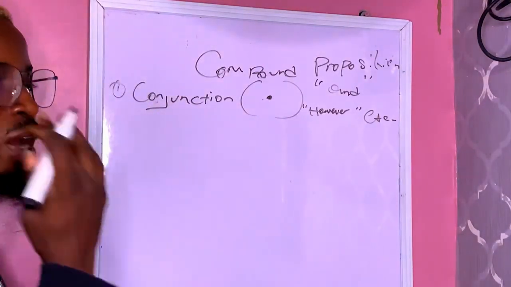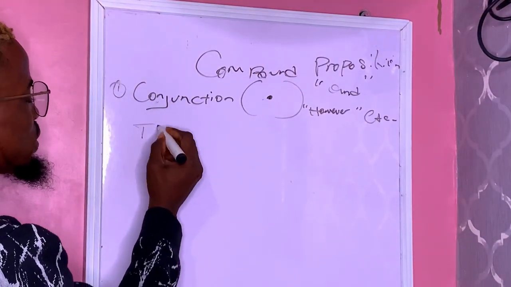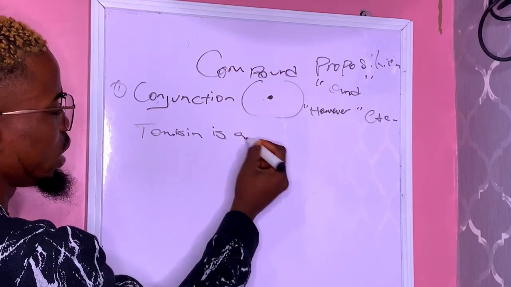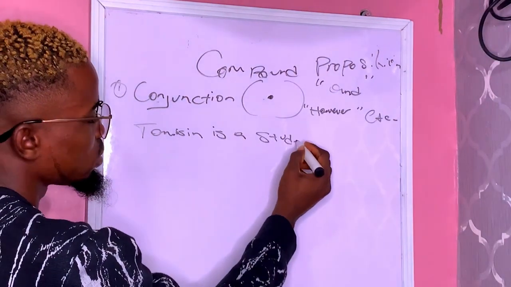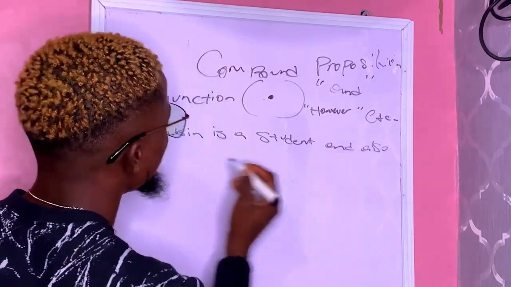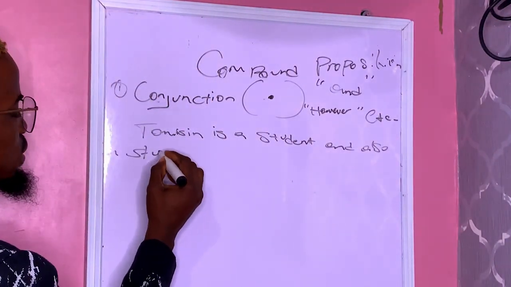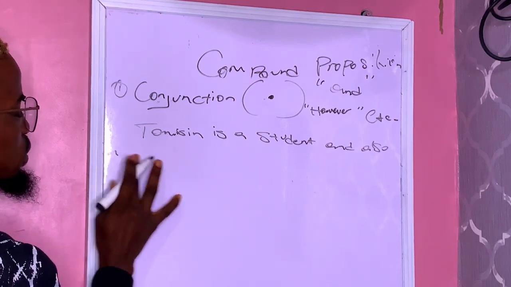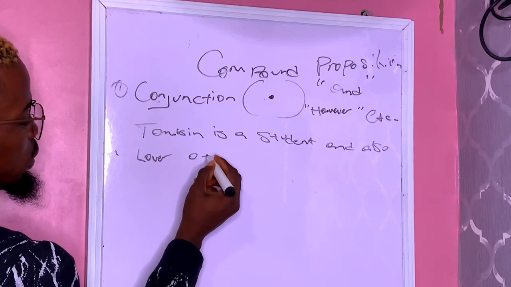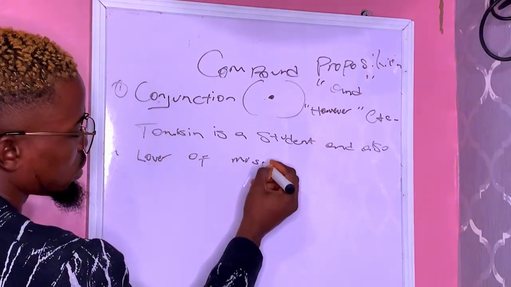Let's say for instance we have a statement like, Tomisin is a student and also a lover of music.